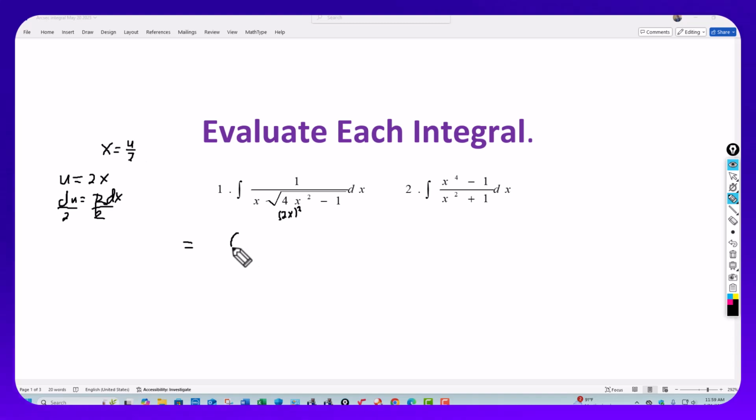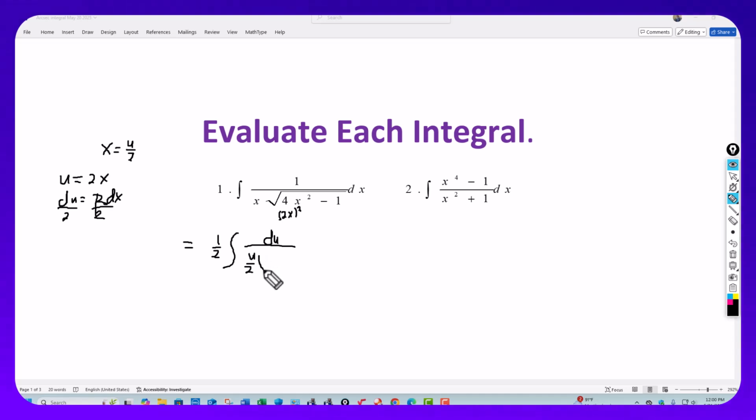So we can rewrite this integral. Again, the dx will be du over 2. So I put the du up here, and I put the 1/2 out here. Instead of du over 2, I'll put the 1/2 over here. And then the x here can be replaced by u over 2.